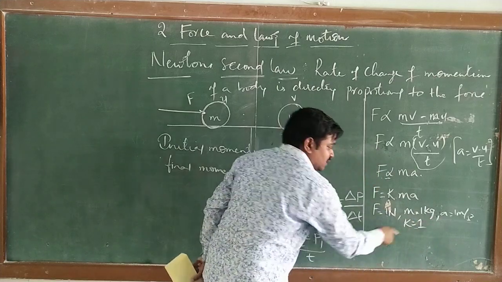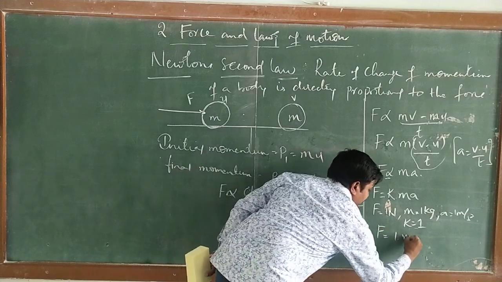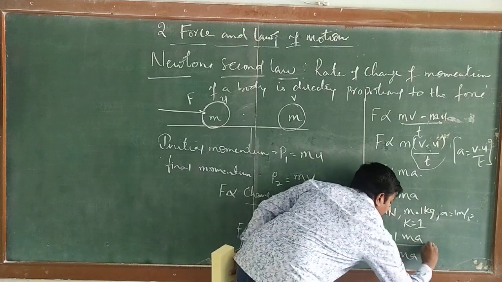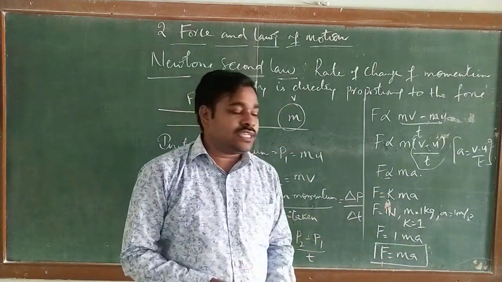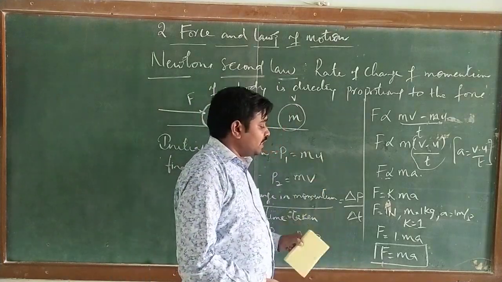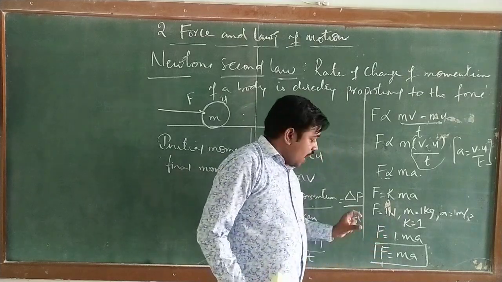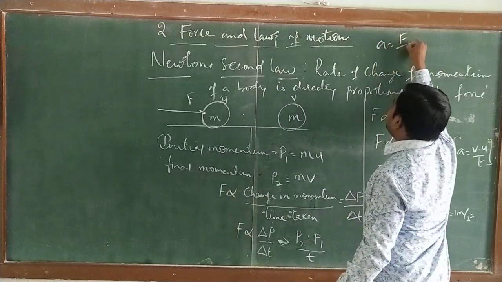If I apply this in place of k, F is equal to 1 into ma. Finally, F is equal to ma. So the formula to calculate force is F equals m into a. Remember one thing, this is the formula used to calculate the force. And also remember, a is equal to F by m.